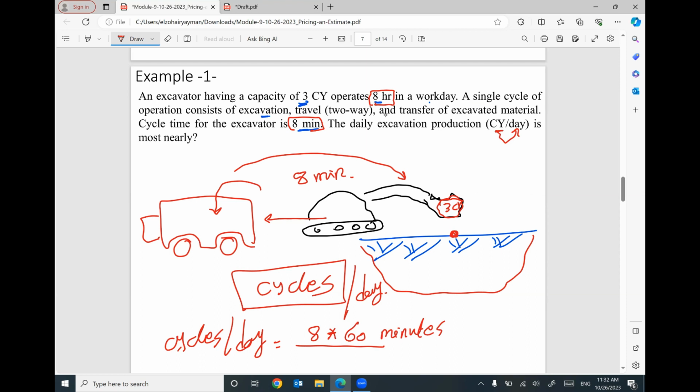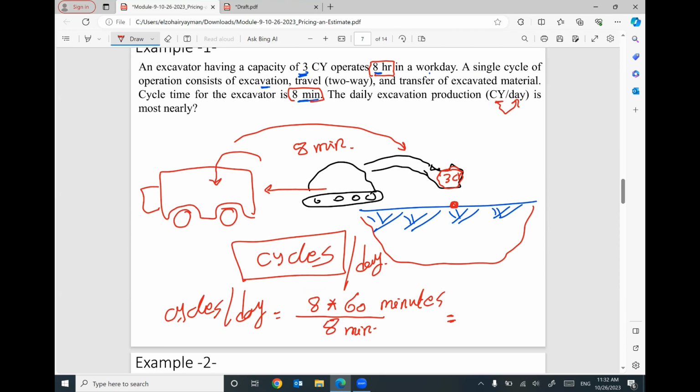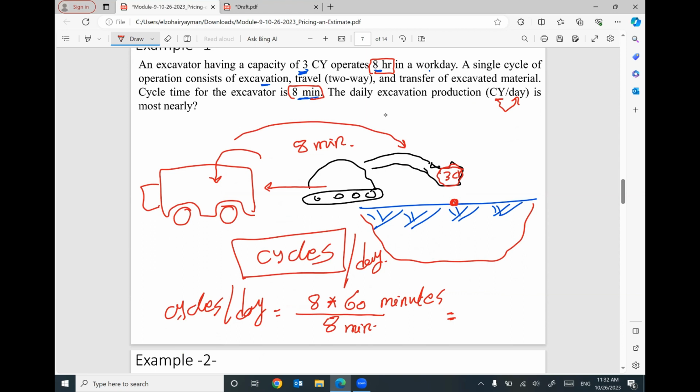This is the total time per day this excavator can work. This excavator can do one cycle every 8 minutes. So if you divide the total work time by the time for one cycle, I can tell you how many cycles per day. 8 times 60 divided by 8 will give you 60 cycles.